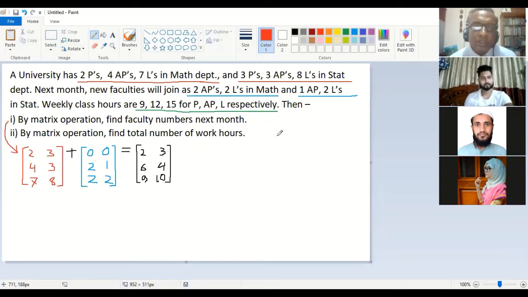If you understand the question and make the matrix by yourself, then you can do the addition. Addition is not a big thing. It is very simple.